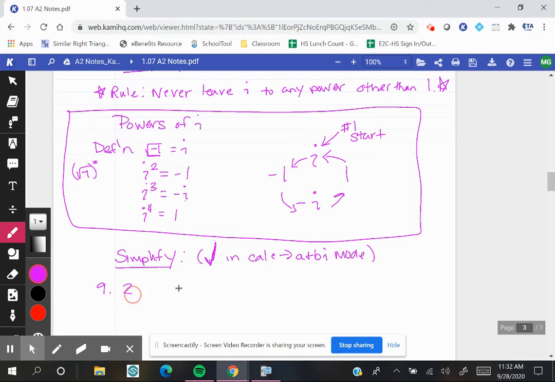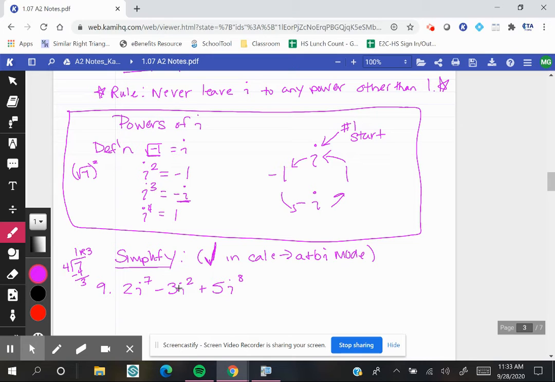All right, so we've got 2i to the 7th minus 3i squared plus 5i to the 8th power. So one way of doing it is to say, okay, well, 7 divided by 4, 4 goes into 7 one time, and that means I have a remainder of 3. And i to the third is -i. So whatever your remainder is, you would take that i.